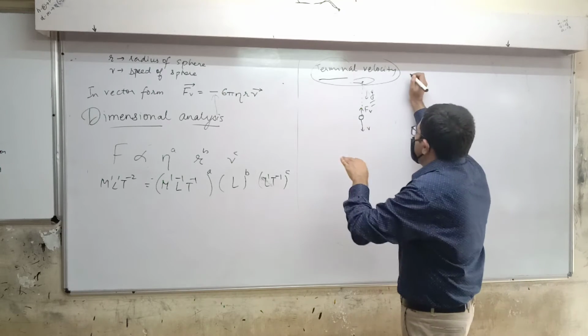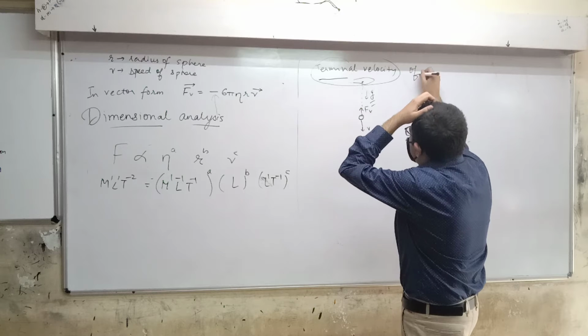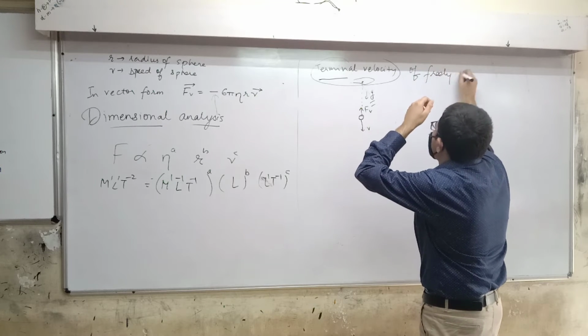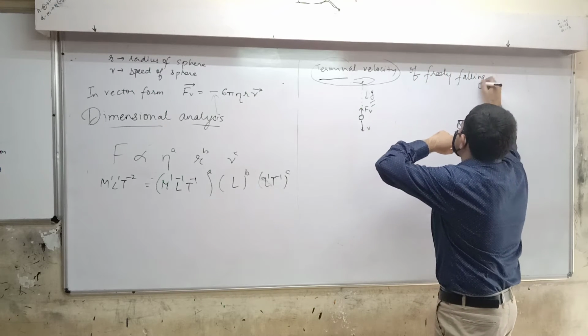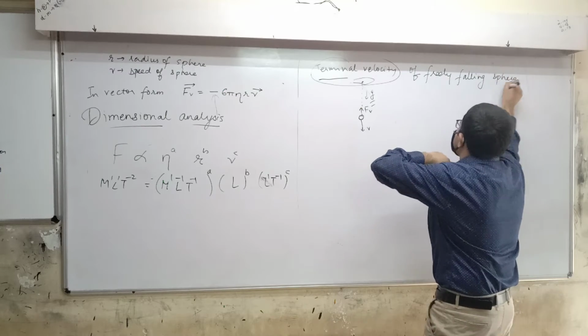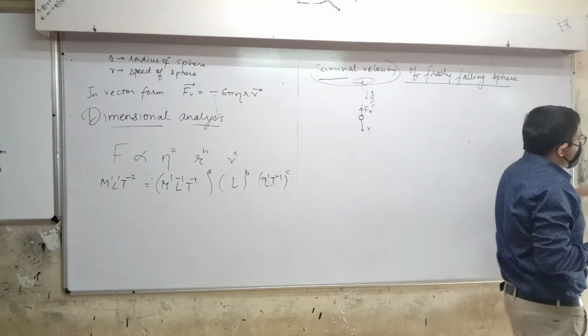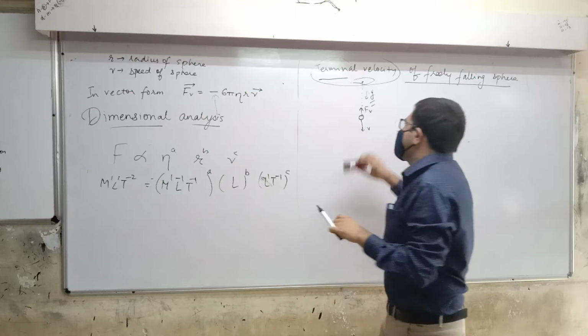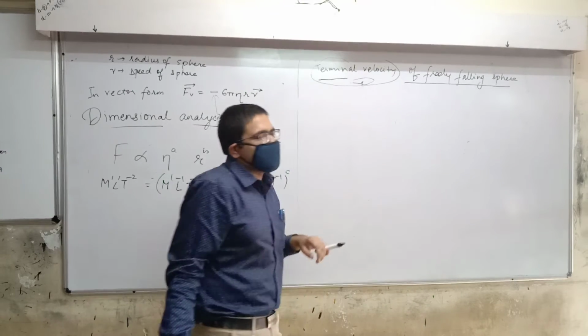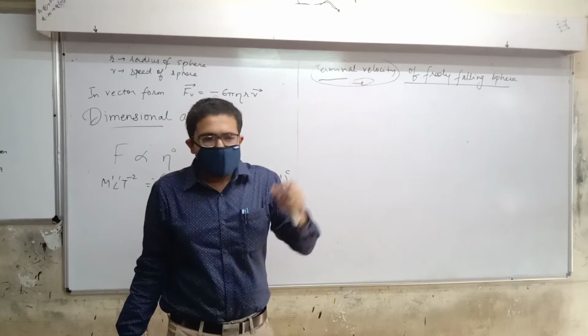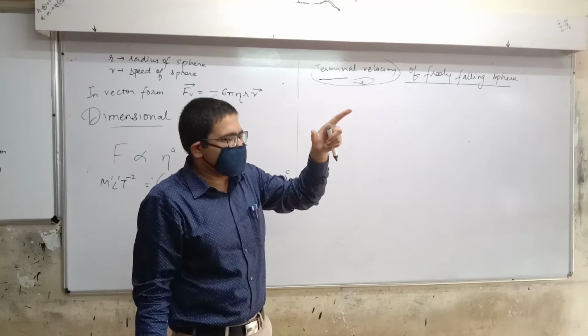Okay. So here is the whole thing. Terminal velocity of a freely falling sphere. What is the meaning of freely falling? Drop. Okay.